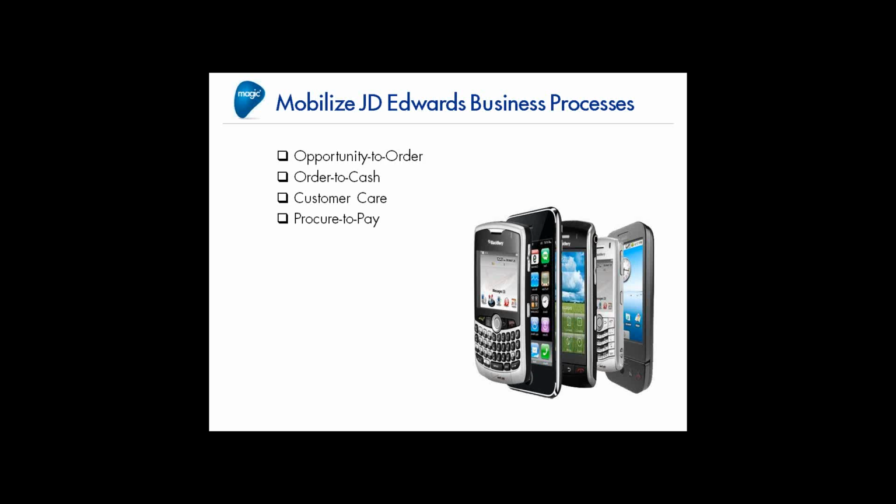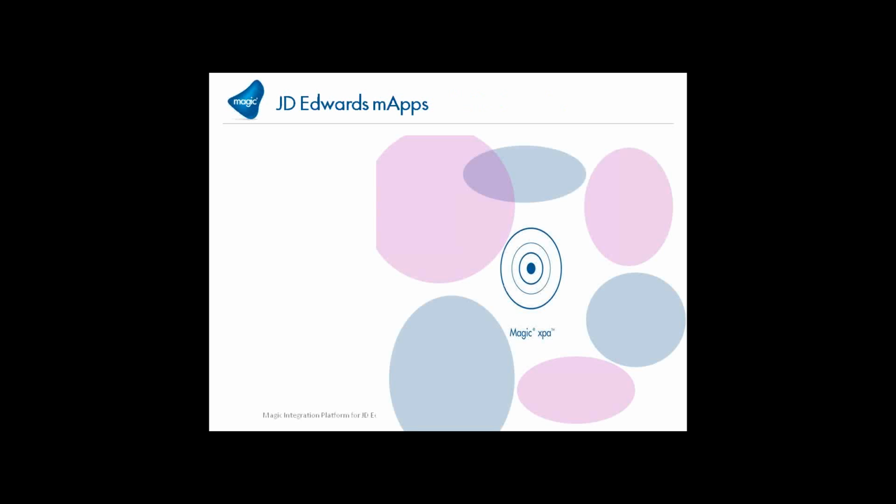As we look at JD Edwards, we might break it into these four major categories of business processes: opportunity to order, order to cash, customer care, and procure to pay. And when we do so, we can start to think creatively about the JD Edwards apps that might be appropriate to our business.